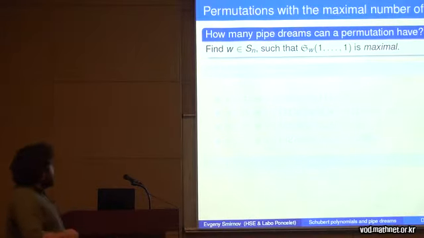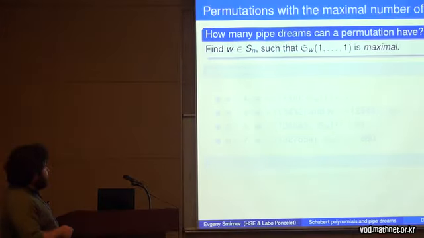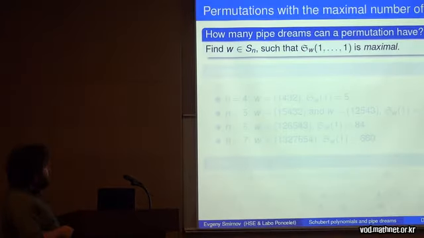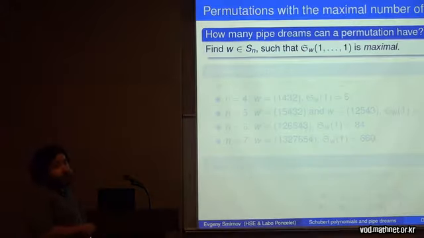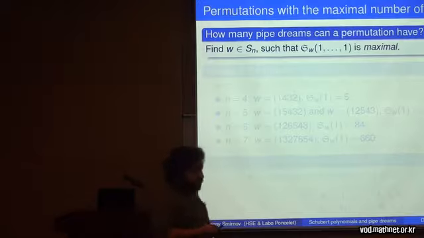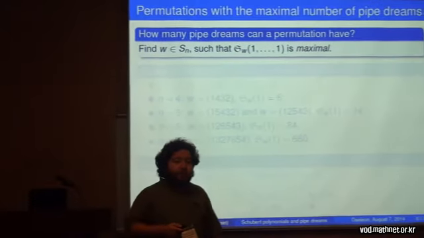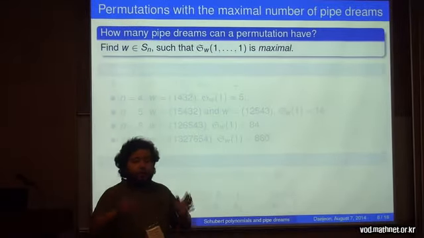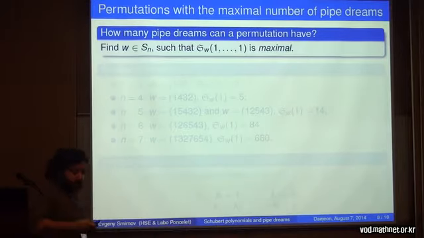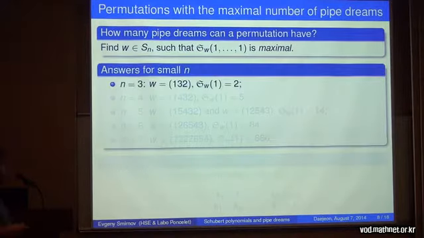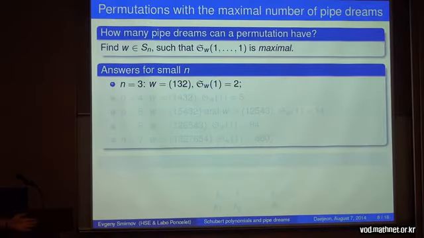Okay, so I was just curious. I started to look at the number of pipe dreams for various permutations, and I tried to figure out what is the maximal number of pipe dreams corresponding to permutations in a given symmetric group. So I took the group S3, and in S3 there was only one permutation with 2 pipe dreams.